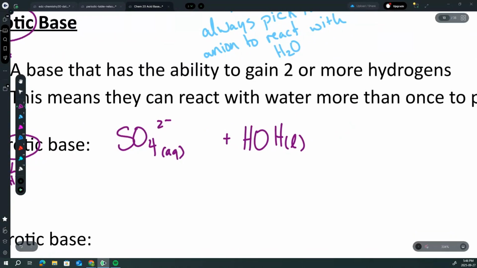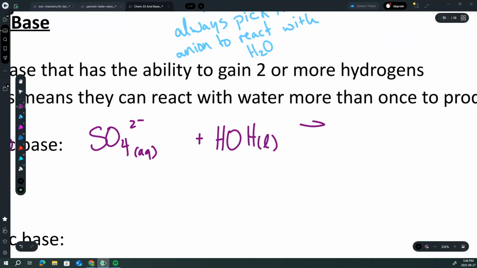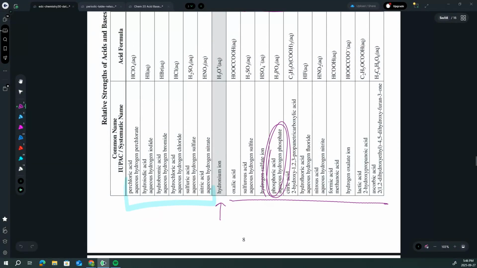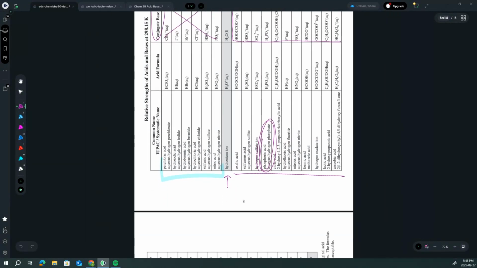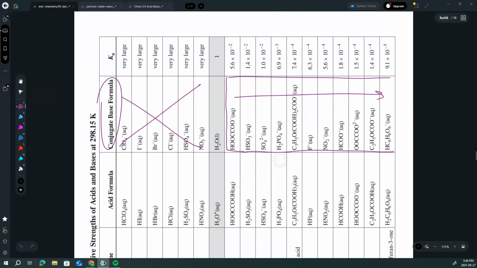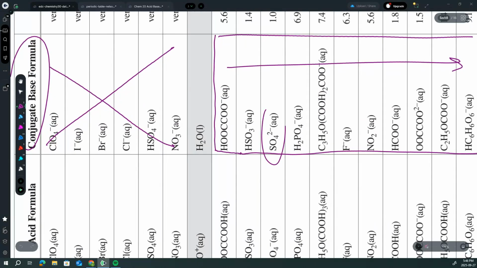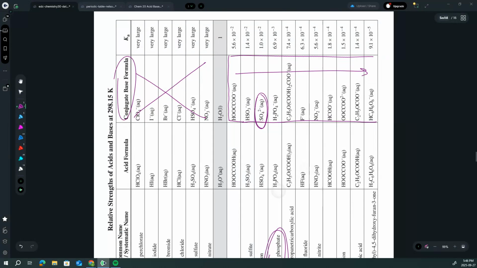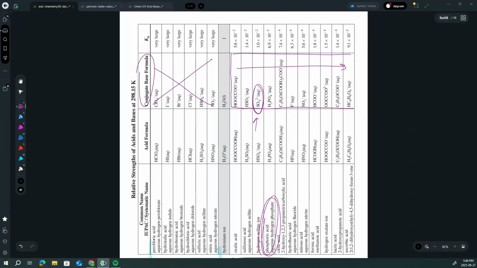And sulfate ions, since it's not hydroxide, it's a weak base, so that's why I'm using double-headed arrows. You can find it in your data booklet, and where we would find sulfate ions is right here on page 8. So I'll zoom out a little bit so you can see, just right there.